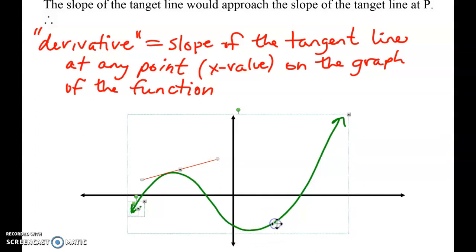If I would pick this point down here, the derivative at this point is the slope of the tangent line at that point. Here we go, very hard on a straight line, but if I would pick this point, the derivative at that point on this function is the slope of the tangent line at that point.